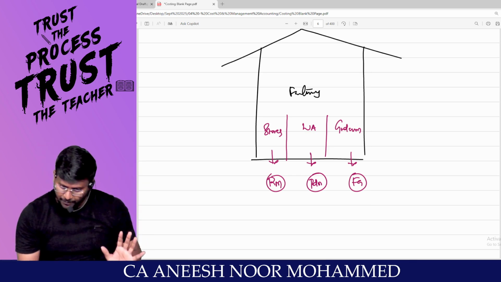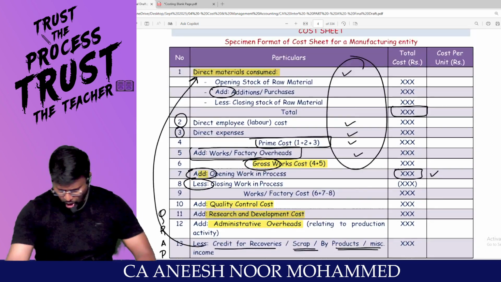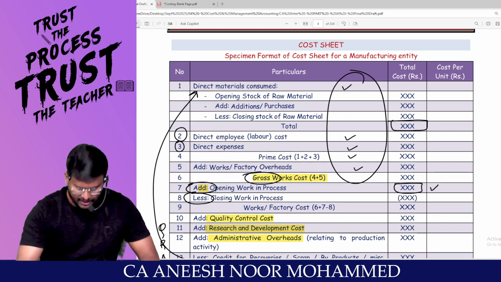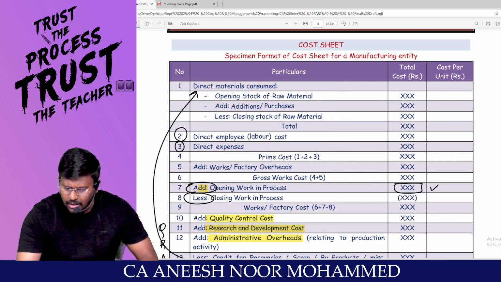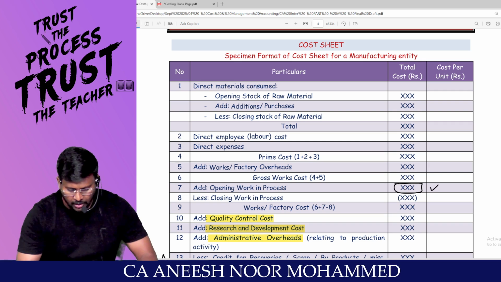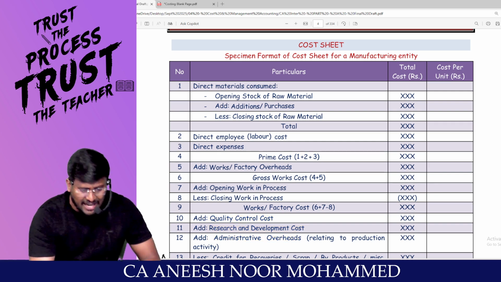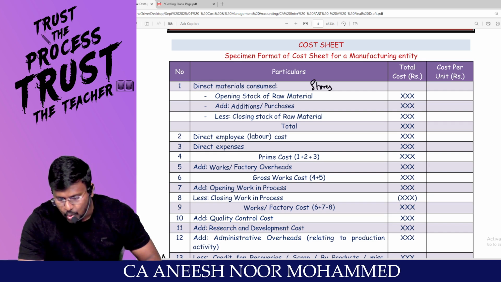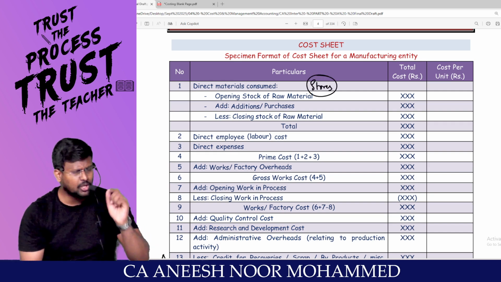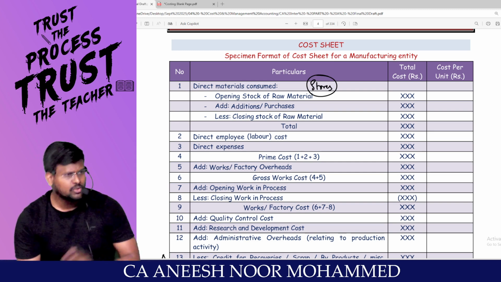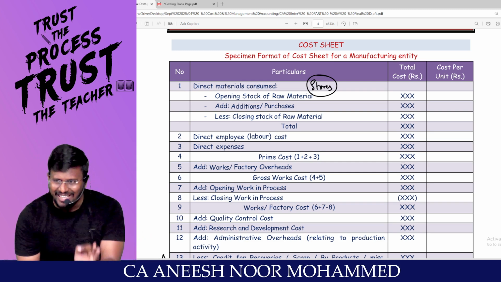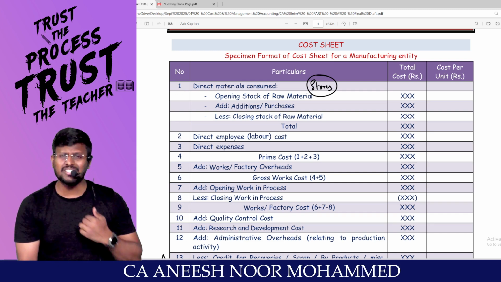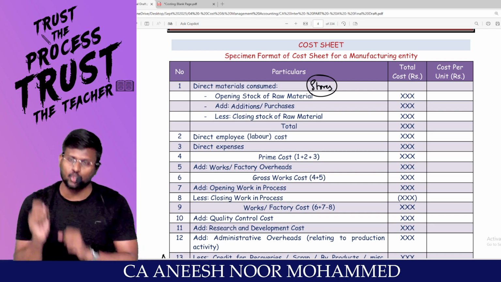So if you see the cost sheet, my dear lovable students, the first one is direct material consumed. That means direct material consumed is related to stores, because where will the material be? Stores. So direct material consumed is a cost which I am incurring at stores.